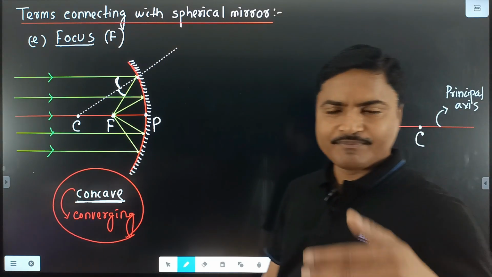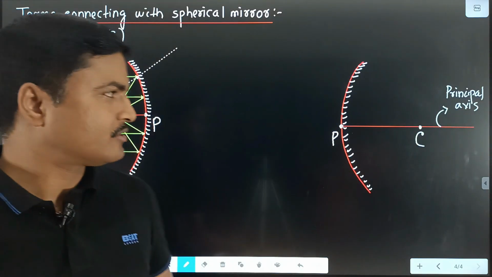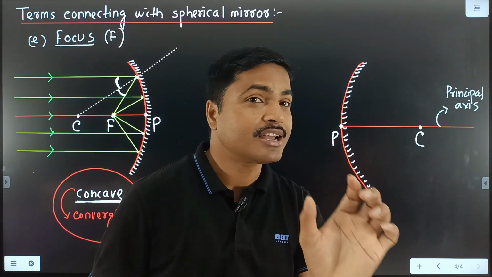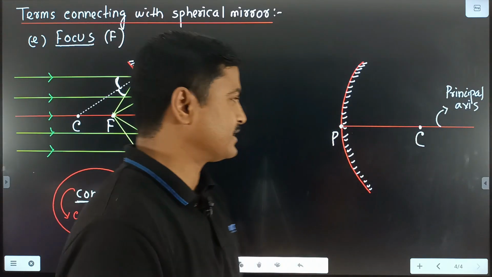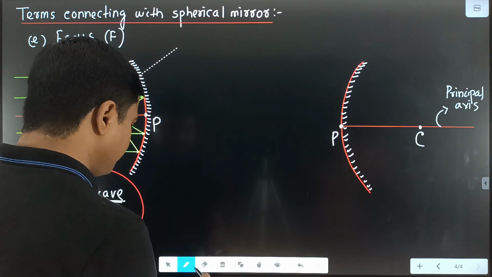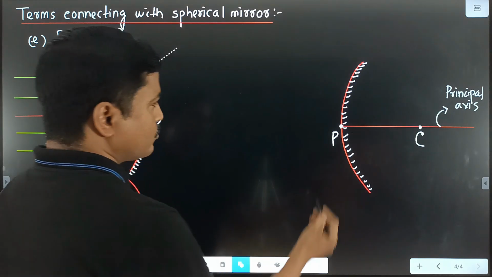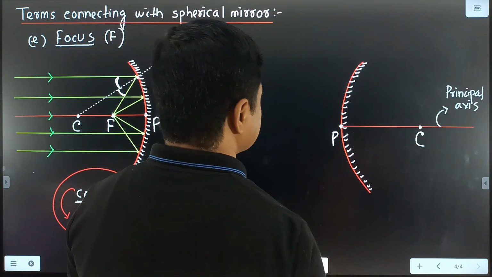Clear? The line passing through the center of curvature and the pole of the spherical mirror is known as the principal axis.